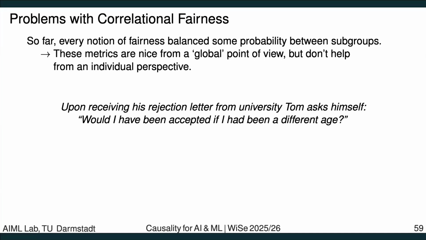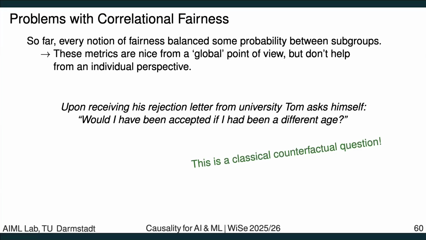So all those previous metrics looked at subgroups as a whole, but maybe we want to take a more individual perspective and think about that. And if we want to think about whether I would have been accepted if I had been a different age, that's a really classical counterfactual question, right? So the decision might already have taken place.